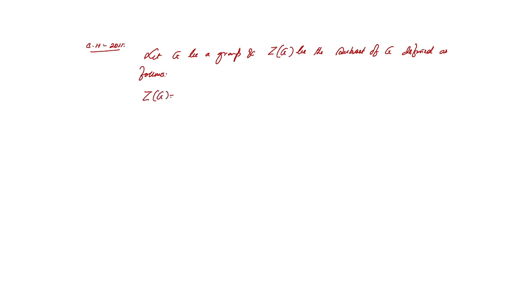ZG equals all those A belongs to G such that x A equals A x for all x belongs to G. Then prove that ZG is a subgroup of G, and this is also a 2 marks question.